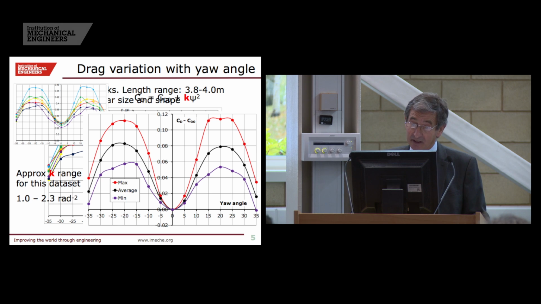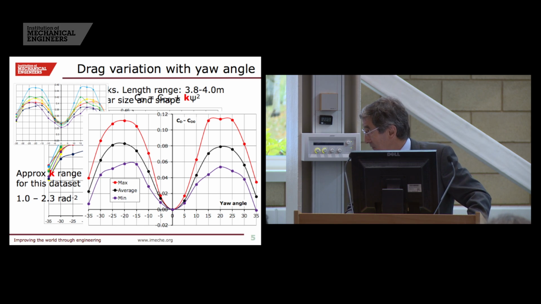But if we look at the range of values that we've got, again, I'm applying a simple parabolic rule to the drag relationship with yaw, because that's an easy one to compute.